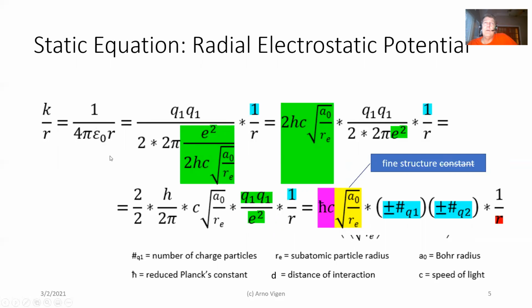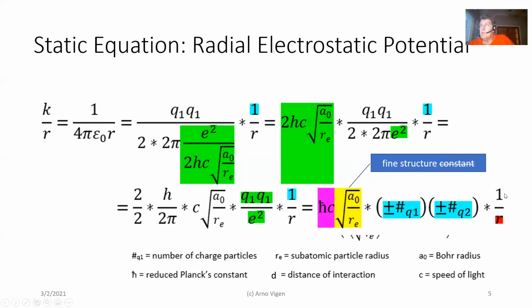But what I did in one of my early papers was I converted this, and I've got the charge numbers over the standard charge, and I've got that 2 pi with this conversion, and then eventually it comes down to Planck's constant times the speed of light, this h hat c constant, times this fine structure constant, which really isn't a constant, it is a scaling factor, times the number of charged particles, not the charge.